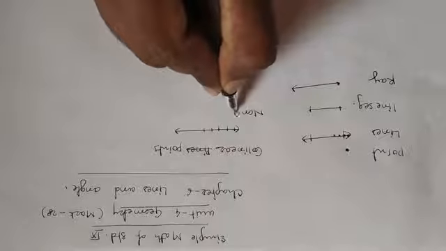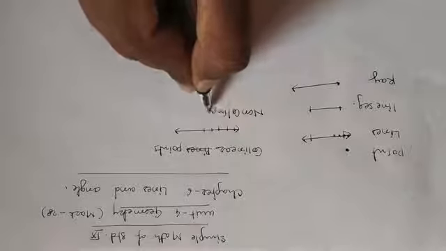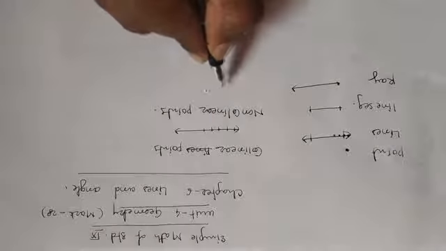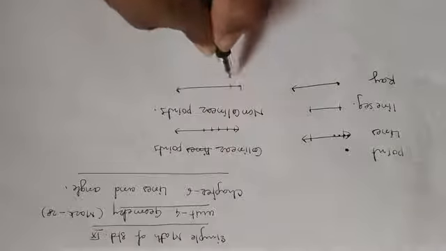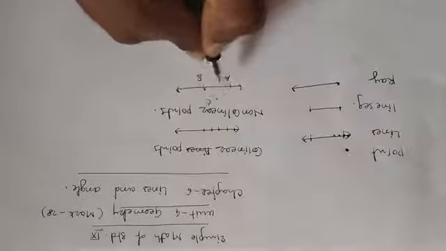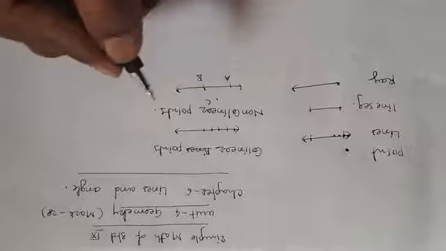Non-collinear points: if A, B lie on a line but C is outside the line, so A, B, C are called non-collinear points.